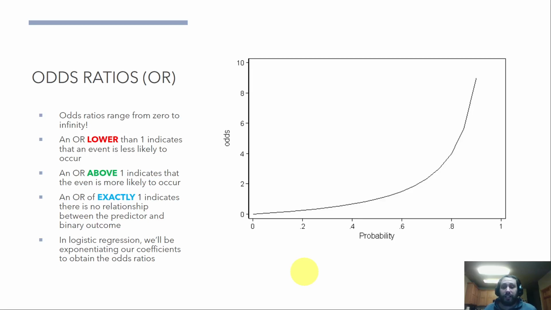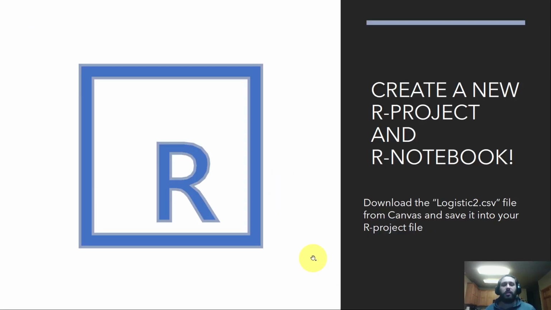So in logistic regression, we're going to be exponentiating our coefficients to obtain these odds ratios. What's going to happen is we're going to get this table of coefficients that aren't really readable, but we're going to exponentiate them in order to obtain odds ratios that are interpretable and map onto these probabilities. So let's go ahead and get started with R.